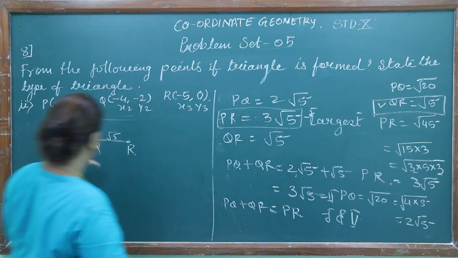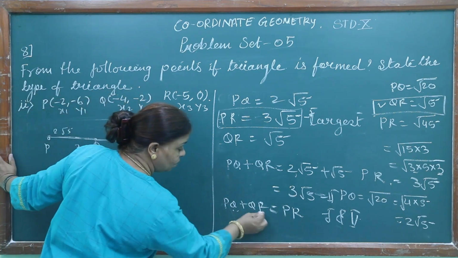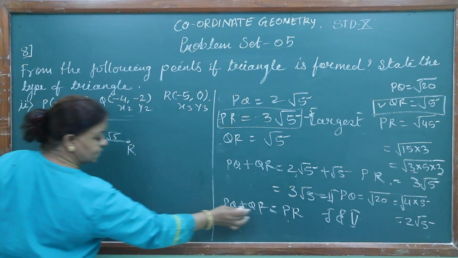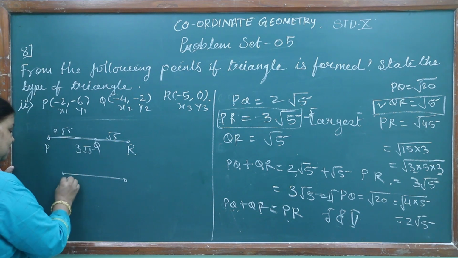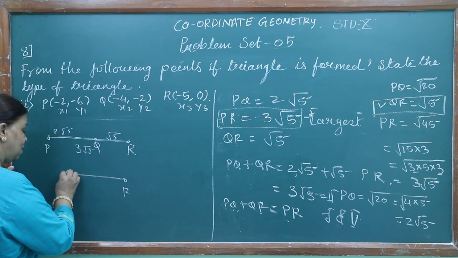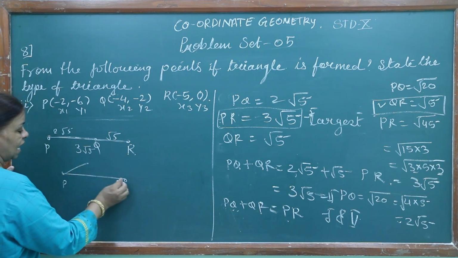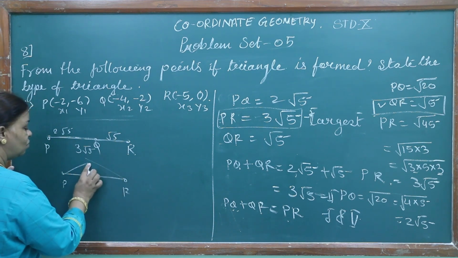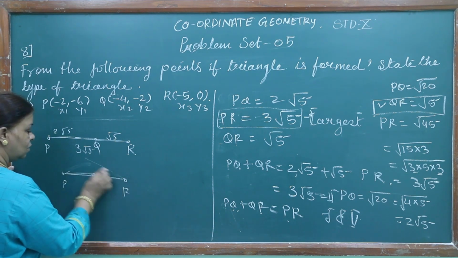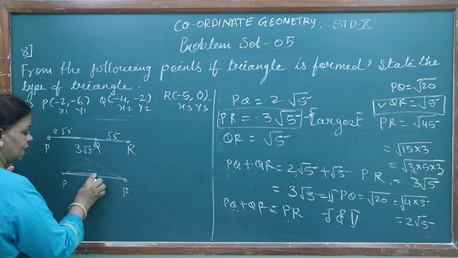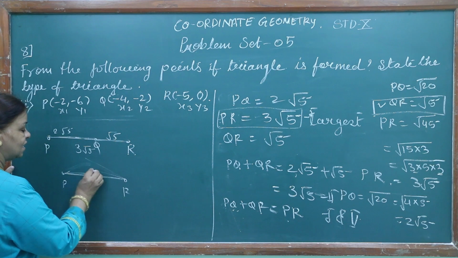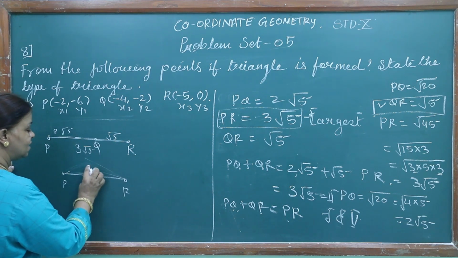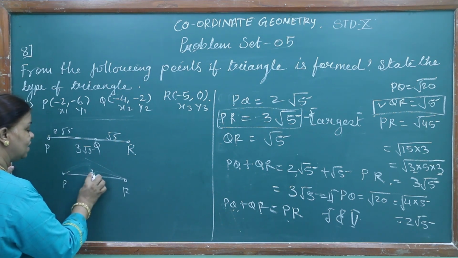If this gap would be more than this, their sum would be more than this, then what would have happened? If PR would be like this, then when I am keeping the PQ and QR, they would overlap one another. And just to touch these vertices, its vertices and its vertices, I have to raise this stick. Suppose I am keeping one stick here, I have to raise it.